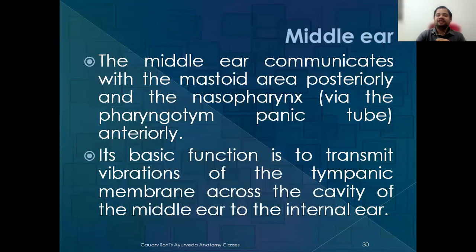The middle ear communicates with the mastoid area from the posterior side, and with the nasopharynx via the pharyngotympanic tube on the anterior side. Its basic function is to transmit vibrations of the tympanic membrane across the cavity of the middle ear to the internal ear. So the basic function is to transport the vibration or sound wave from the external ear to the middle ear, especially the cochlear part of the internal ear.